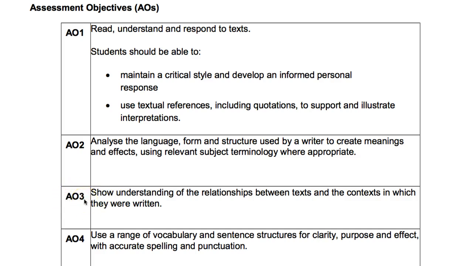But actually, you would be wrong, because when a writer, if we look at AO2 here, uses form and structure, they're referring to the context of their time. For example, this novella is written in the form of a Gothic detective story, 2 different genres, Gothic and detective story, which would have been highly relevant to a Victorian audience.